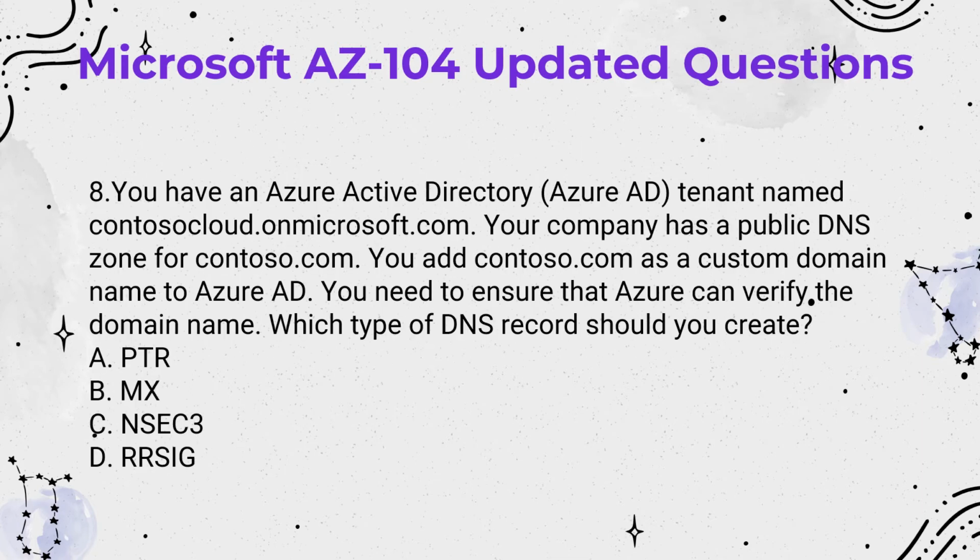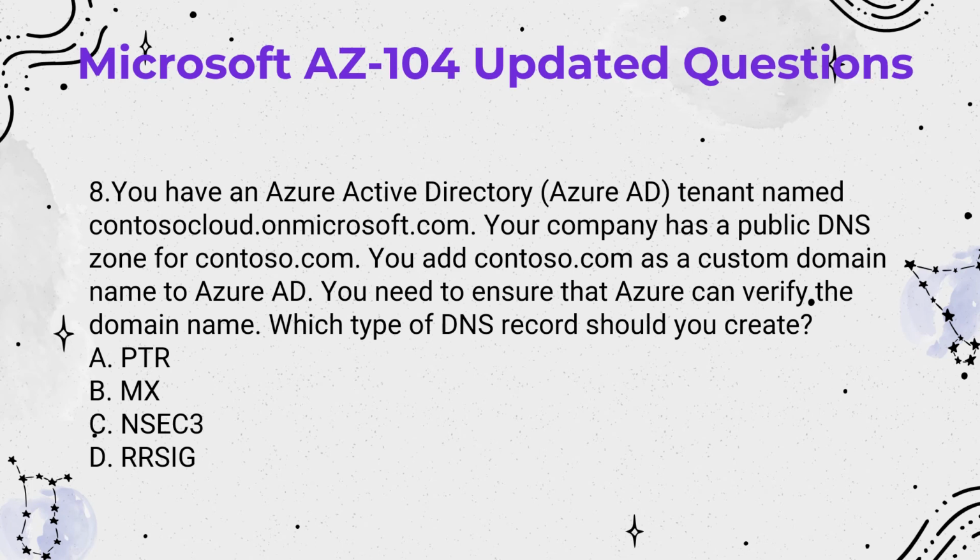8. You have an Azure Active Directory (Azure AD) tenant named Contoso.onmicrosoft.com. Your company has a public DNS zone for Contoso.com. You add Contoso.com as a custom domain name to Azure AD. You need to ensure that Azure can verify the domain name.